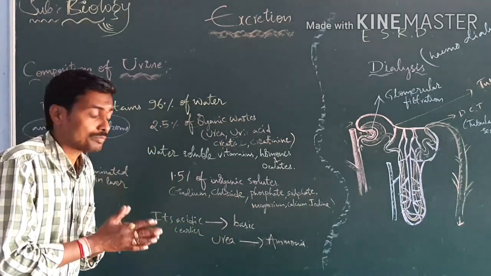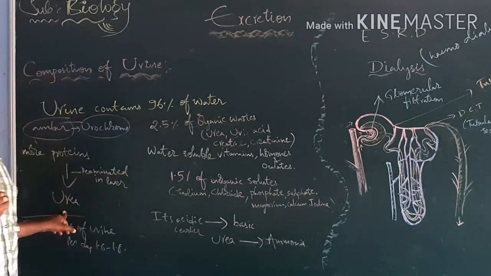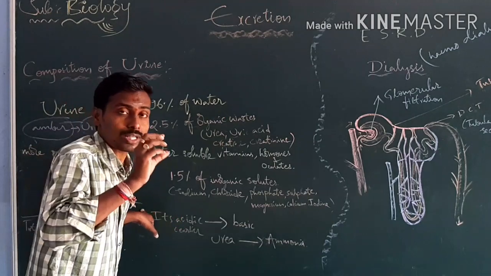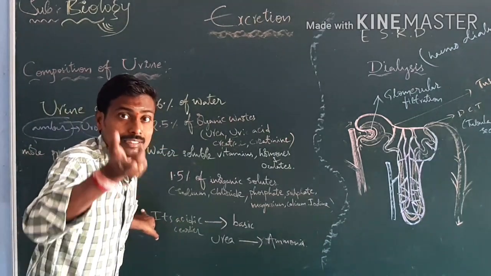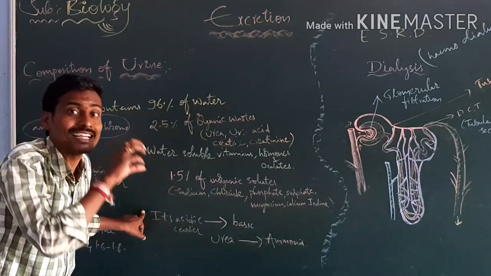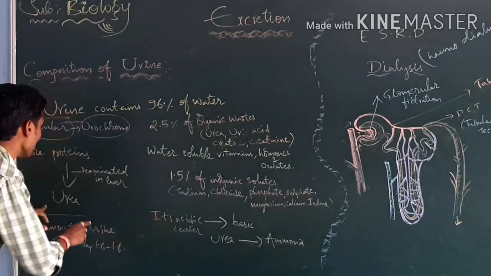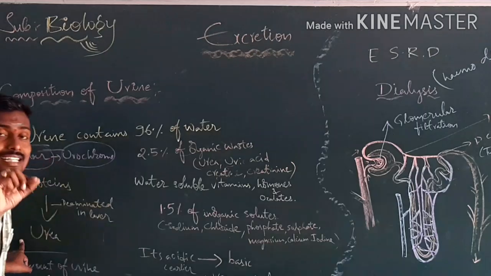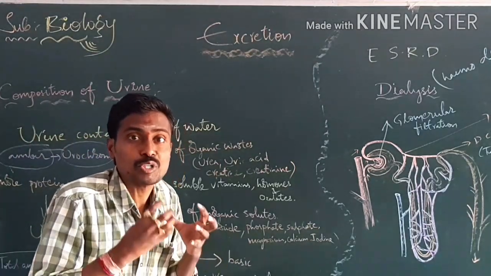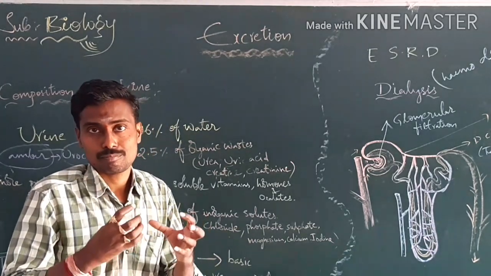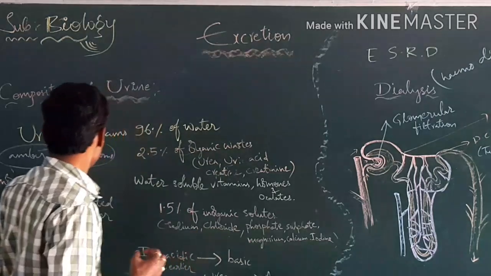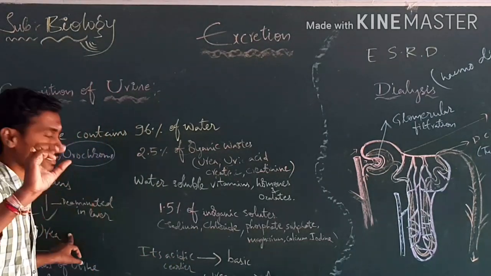Urea, because our proteins are made up of amino acids. These amino acids, these proteins, are deaminated in the liver, leading to formation of urea. That is the reason why more urea is present when we consume protein rich food.